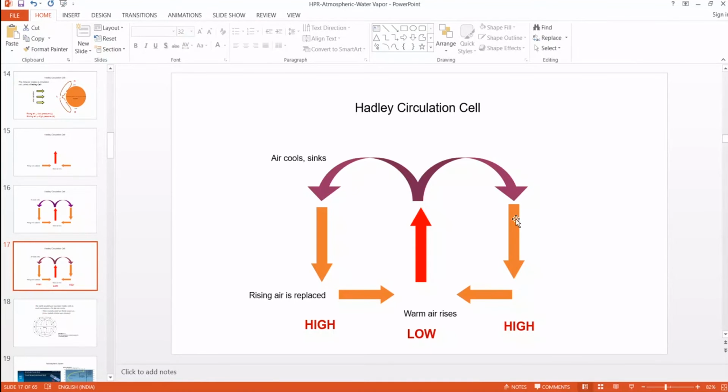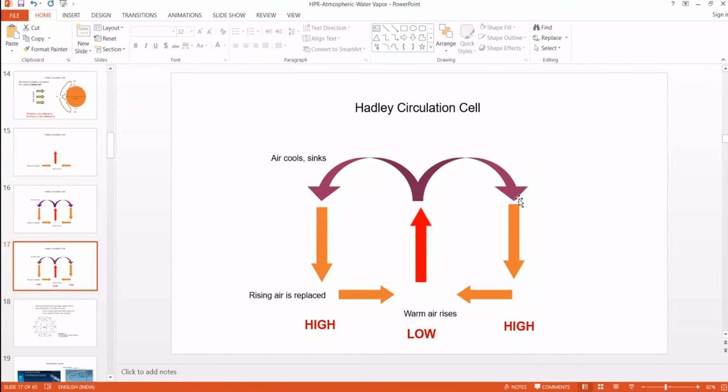And at the poles, it descends because as it loses energy it cools down. When it cools down, the cool air has higher mass. Okay, so therefore it comes back to the earth at the poles.